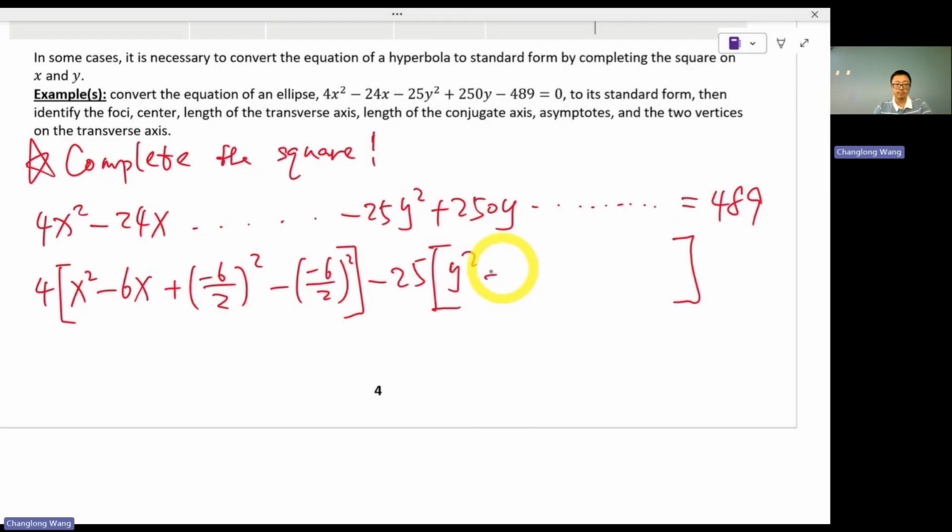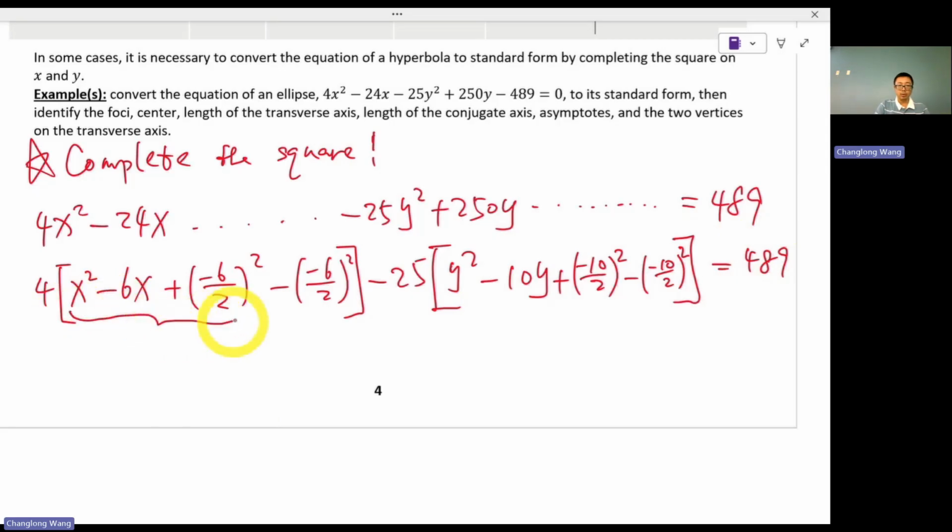And it's going to be negative, or minus, 10y. And again, always do a quick sanity check. Put the negative 25 back in. It hits the first term, gets you negative 25y squared. When it hits the second term, two negatives make it positive. It's positive 250, right? Complete the square for the y the same way as you did for the x. Take the b, -10, right? Divide that by 2, and add the square of this guy, right? Then subtract it off. Okay, you have 489.